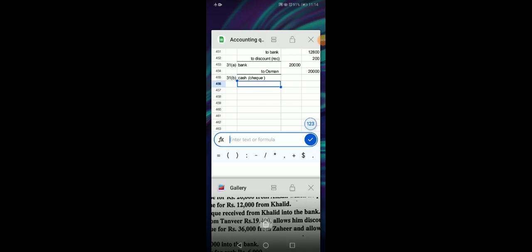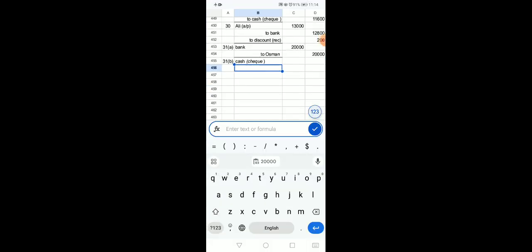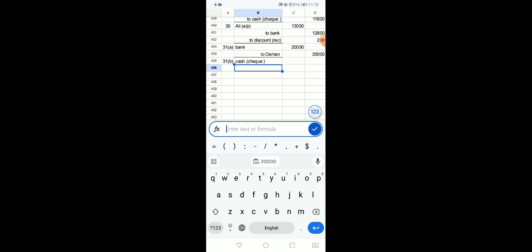From Kareem. The person from whom you have received this check is Kareem. Kareem was your account receivable. Since you have received a check from Kareem, no matter whether it is cash or in shape of check, Kareem is now no more your account receivable, no more your asset. Asset has decreased. Decrease in asset should be mentioned on credit side.